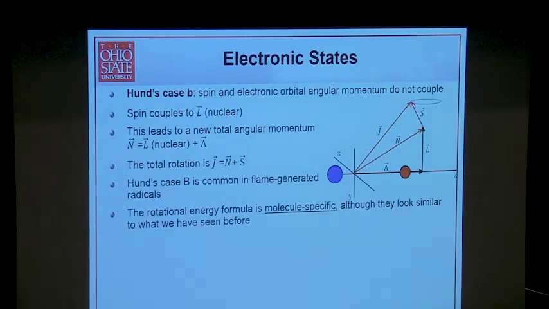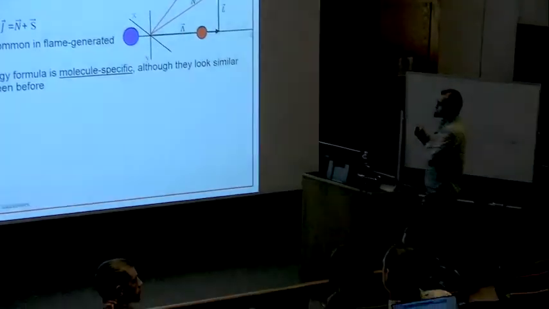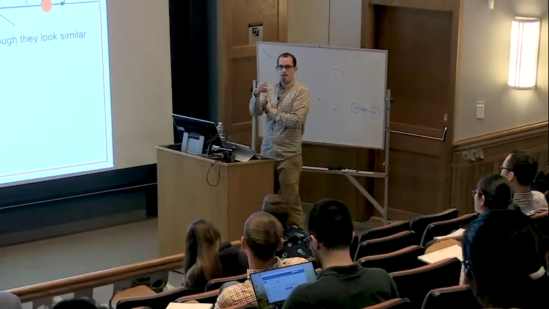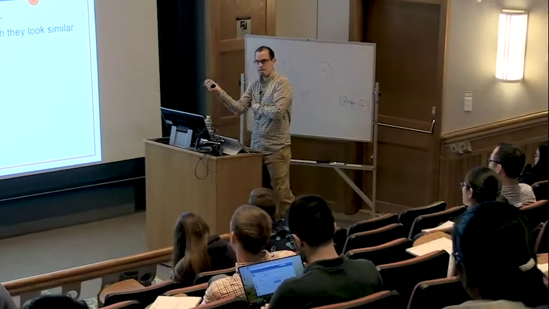Hund's case B is typically what we'll see in flame-generated radicals, except for very low rotational levels. This is where another level of complication comes in. If you take OH, for example, it's Hund's case A for rotational levels like J equal to 1 and 2, but above that it transitions to Hund's case B.